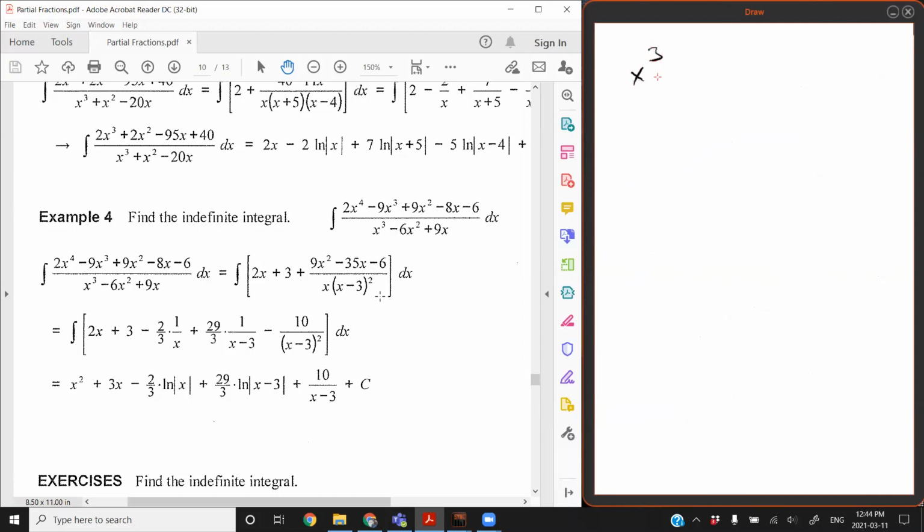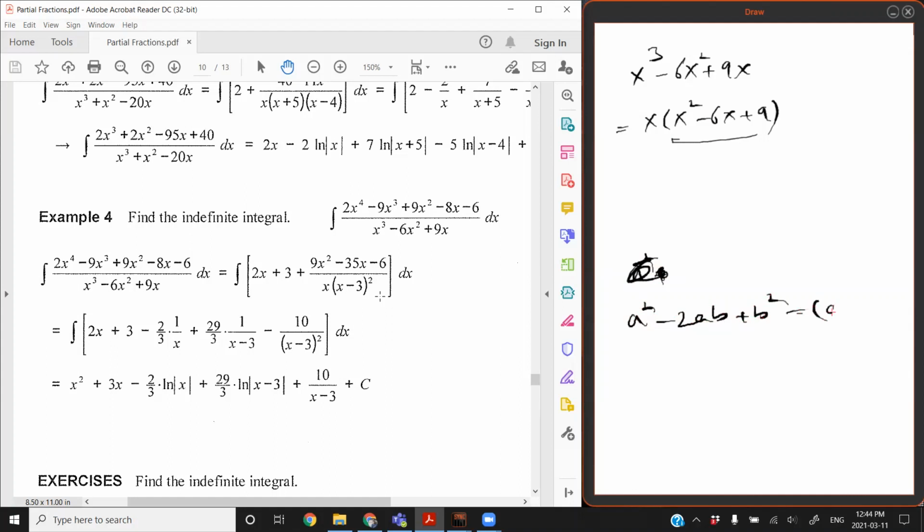You have x cubed minus 6x squared plus 9x. Factor out x, you get x squared minus 6x plus 9. You realize that this follows the pattern a squared minus 2ab plus b squared.